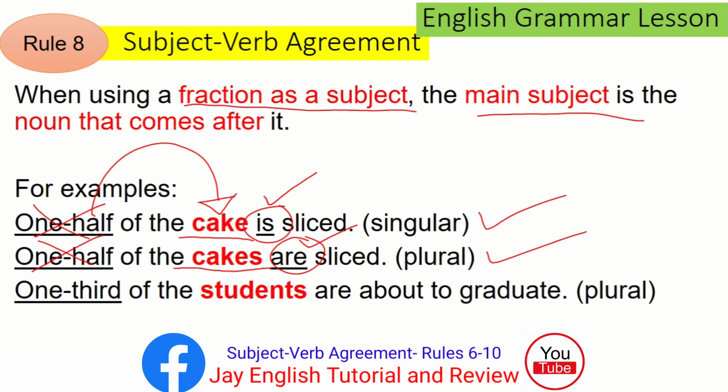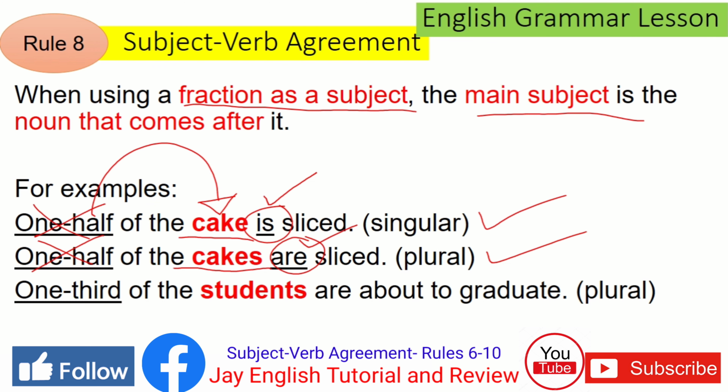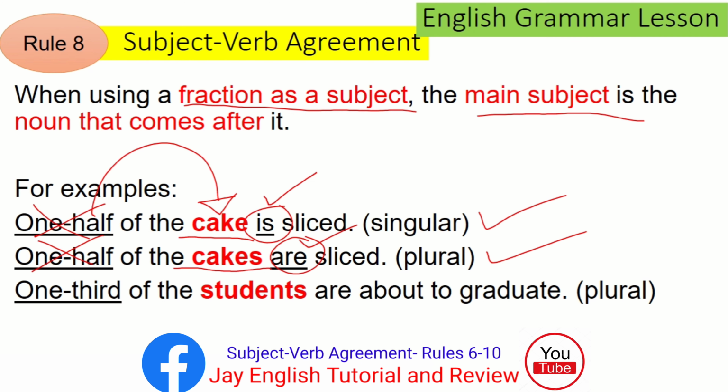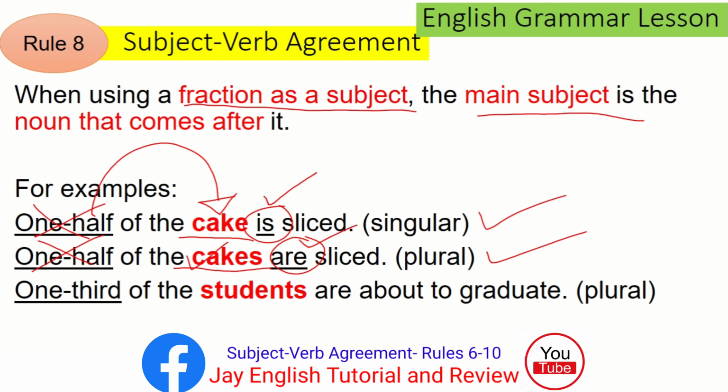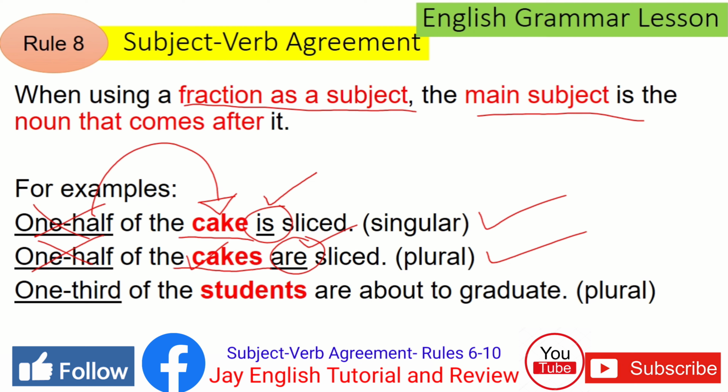So cake is singular, the noun cakes is plural. That is the reason why we are no longer using the verb is, but instead, we are now using the linking verb are. 1/2 of the cakes are. It is because of the word cakes, not the expression of the fraction 1/2.